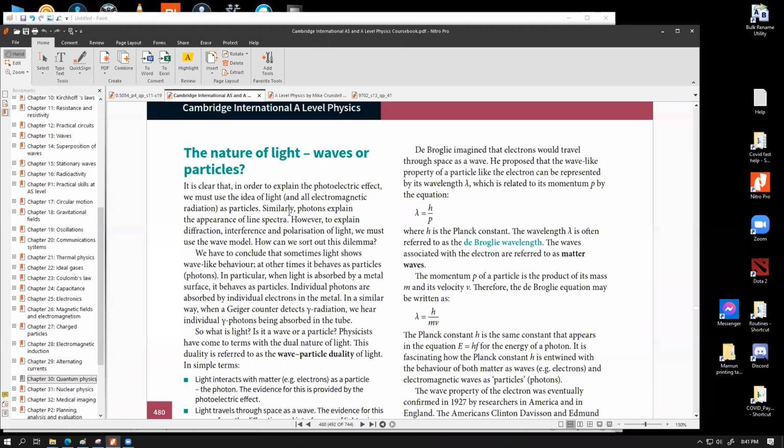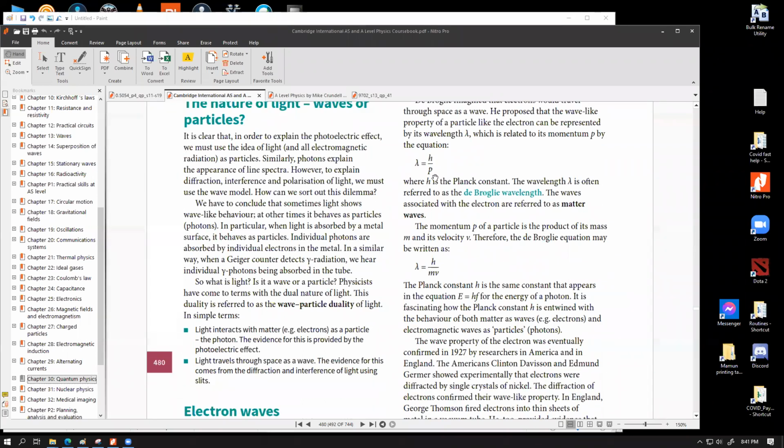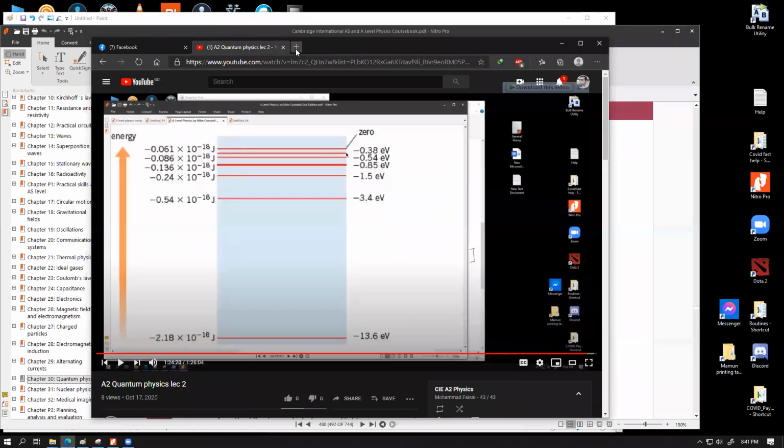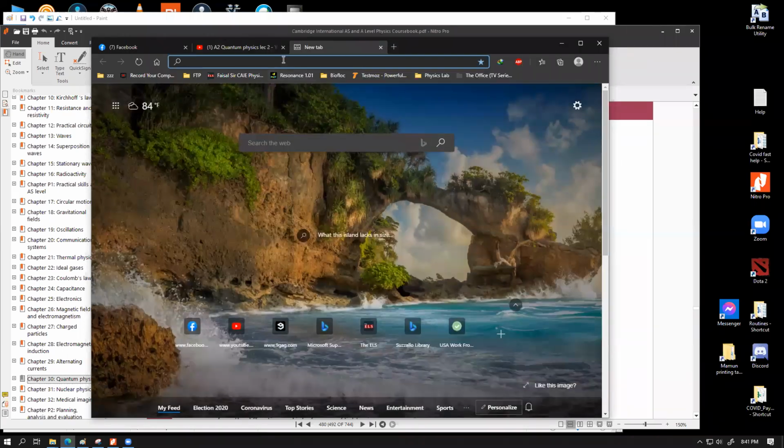Now comes the interesting part: the second equation, lambda equals h by p, the de Broglie equation. I'm not sure how to pronounce it. I might as well find this out right now. I think it's de Broglie.